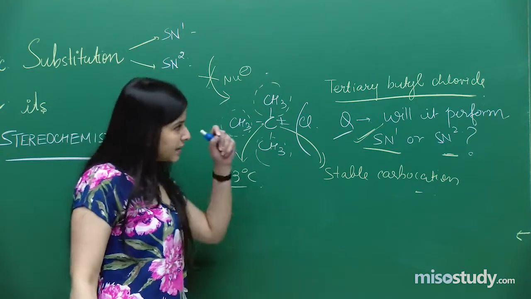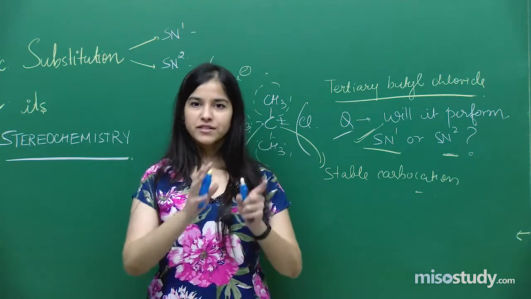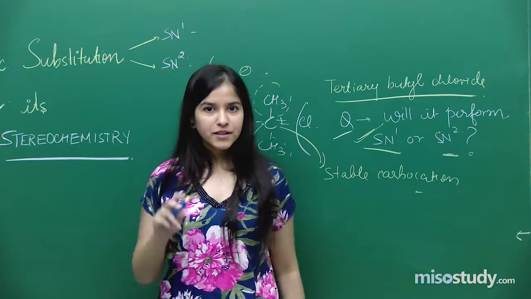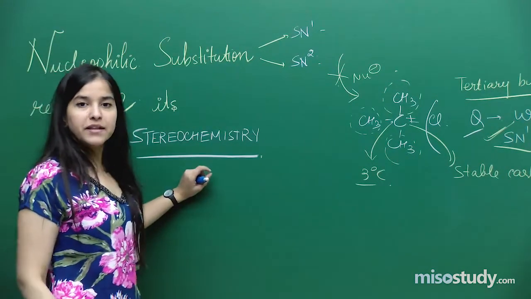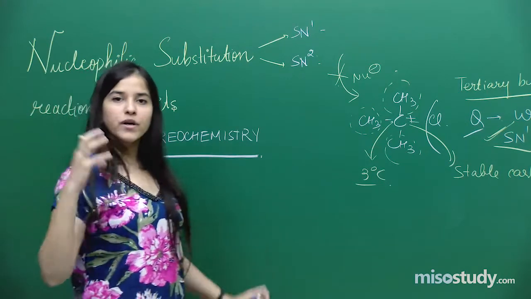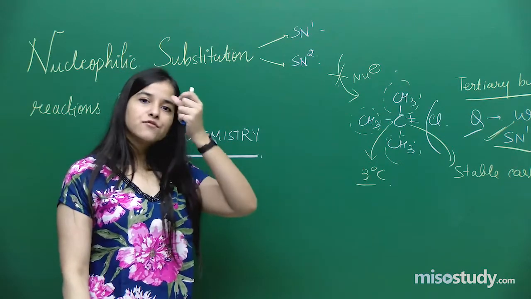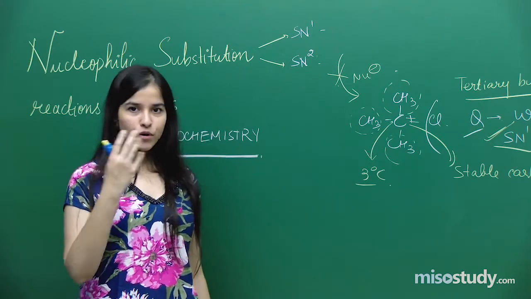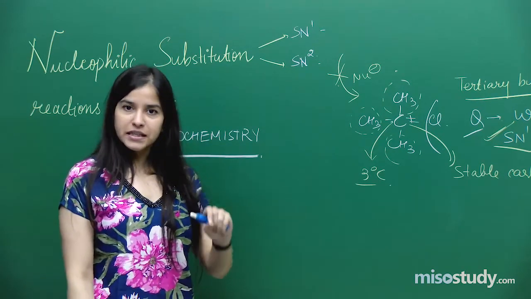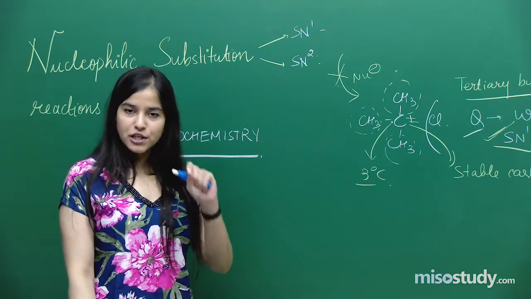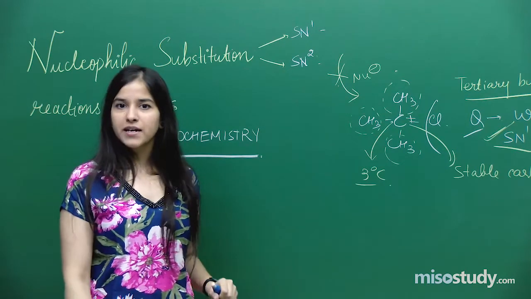Fine? Now comes the real thing, right? We have discussed the entire mechanisms of SN1 and SN2. What we have to discuss now is the nucleophilic substitution reaction and its main thing, the stereochemistry. How can we observe these reactions in 3D? By this time, we have been doing all the reactions on the board on just a single plane. But we haven't seen the stereochemical aspect of all these molecules which are involved in the reactions.